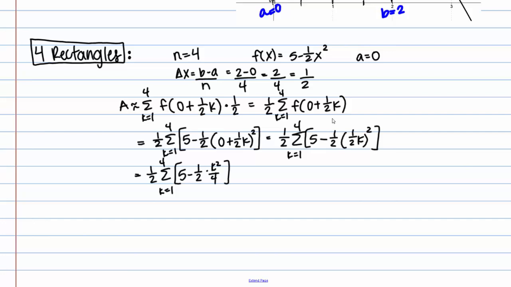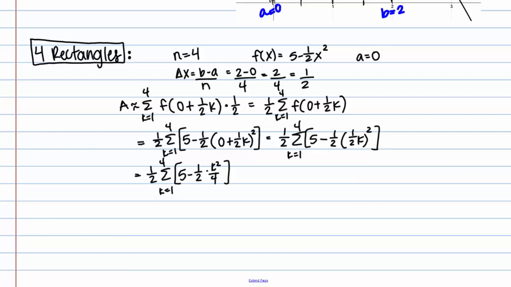Now, let me just say something really quick. This was kind of nice because a was 0. But let's say a had been 1, for example. Then I'd be squaring 1 plus 1/2 k. To square that, you'd have to FOIL it out. So just be careful and FOIL whenever you need to. But here it was nice we didn't have to FOIL.